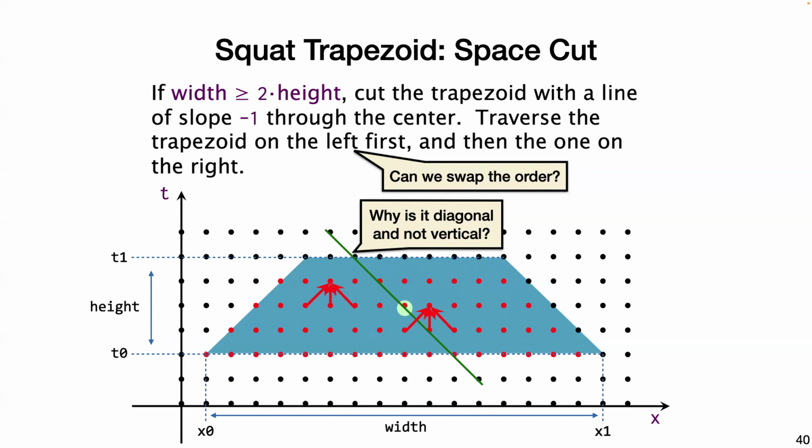First you have to compute the one on the left, and then the one on the right, because all the dependencies are satisfied in this one, but here you can see this point has some dependency in there. So this needs to be finished before you compute this. It's diagonal and not vertical because of the way the 3-point stencil's dependencies work. Can you swap the order? No, because you depend on the stuff on the left.